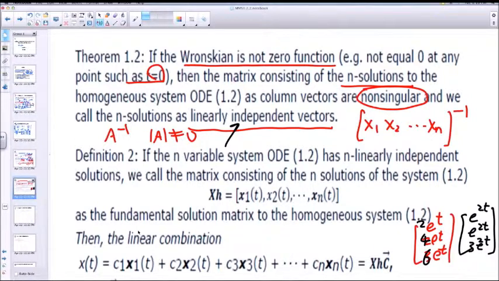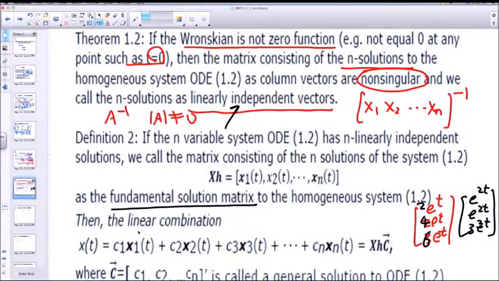The second definition, other than the Wronskian, is called the fundamental solution matrix. I told you if you have n variables, you're looking for n linearly independent solutions. If you got all the n, great. That means all other solutions, no matter how different, must be a linear combination of this. A linear combination means superimpose them, overlap them, add them.